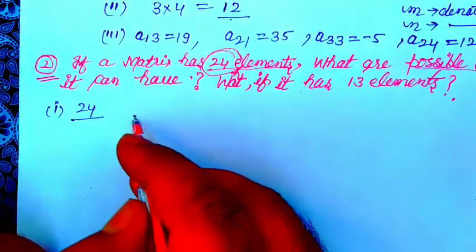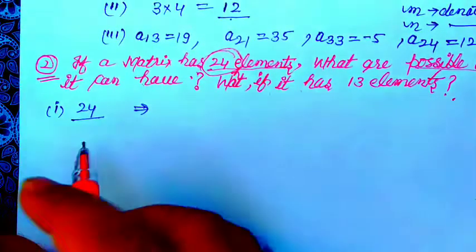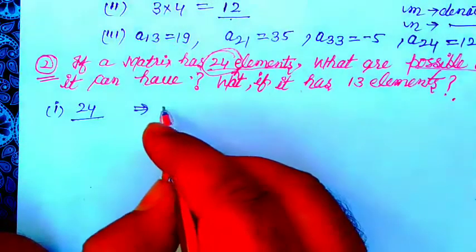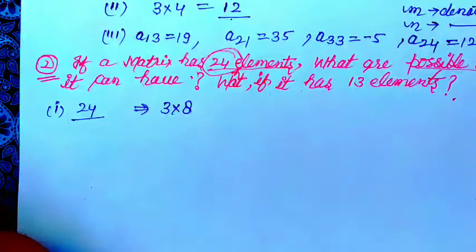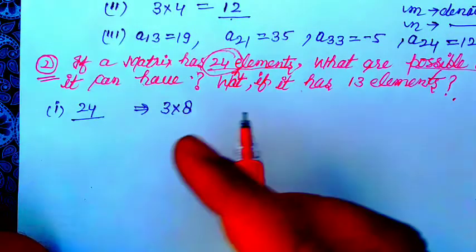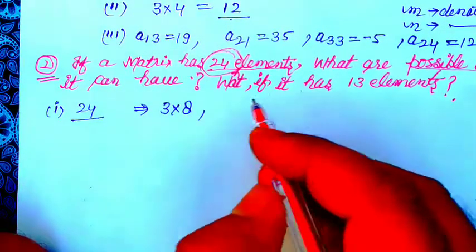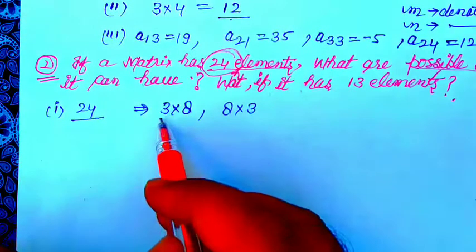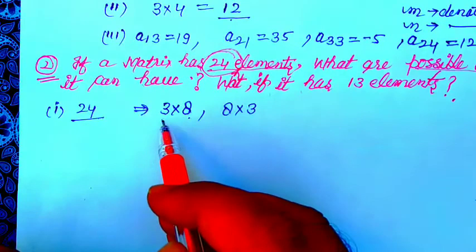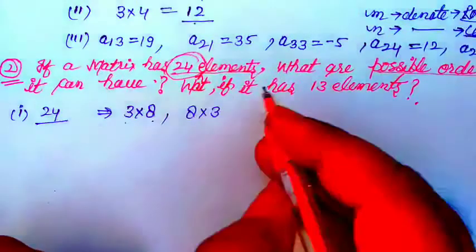We have 24 elements. If we separate it into 3 rows 8 columns, it is one order, and again 8 rows 3 columns. 3 times 8 is 24, 8 times 3 is 24.